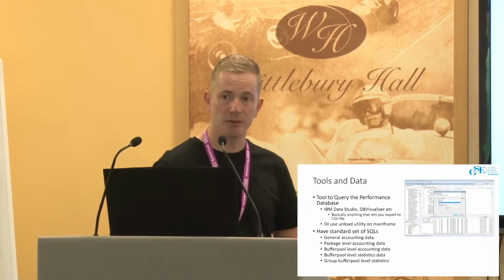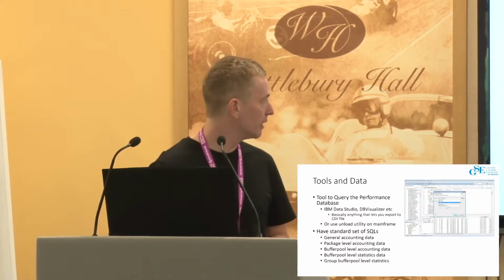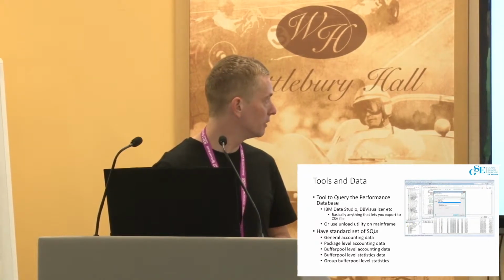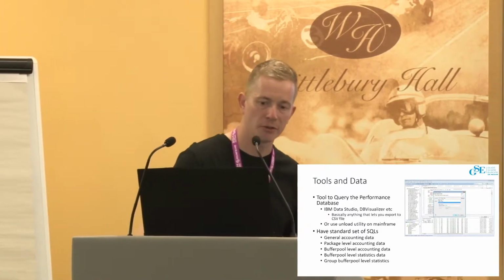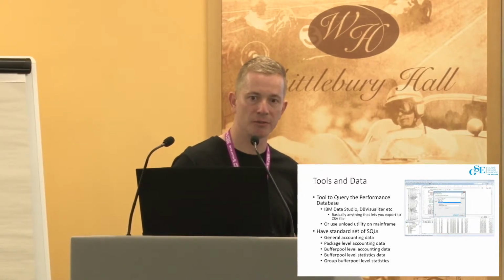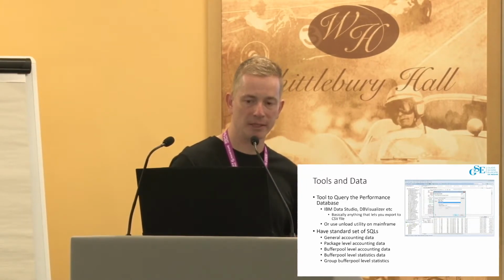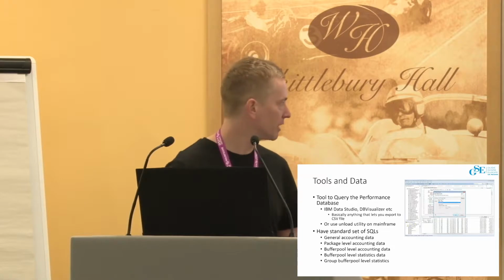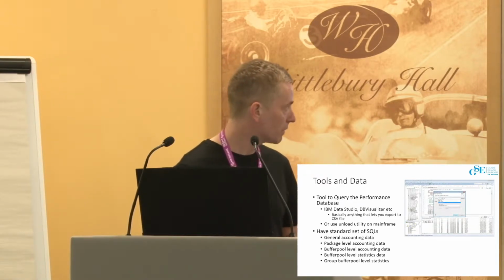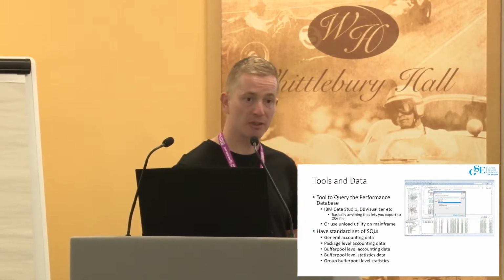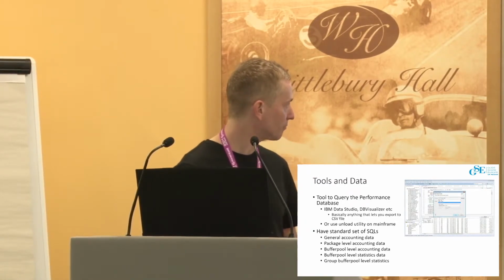But any tool that you can use to get things out to a CSV file will do. It can be quite tricky if you're going to use the unload utility, because with unload you won't have your column names in there, so mapping columns in a data set to what they actually map to can be tricky. So if you can, I would recommend you use one of the pointy clicky tools, as some people call them.